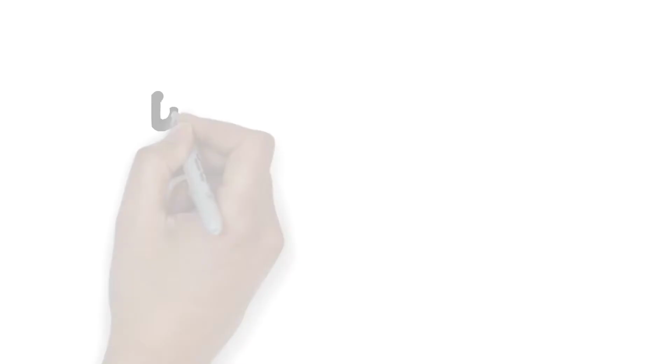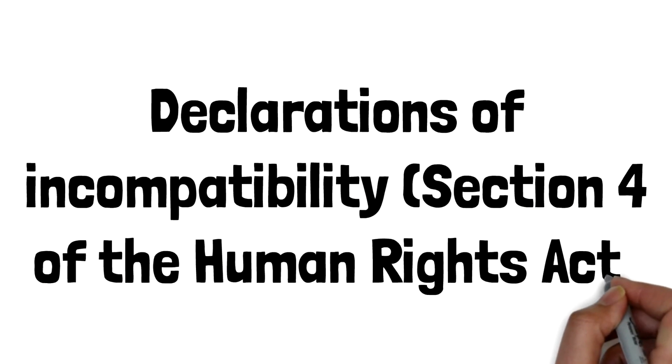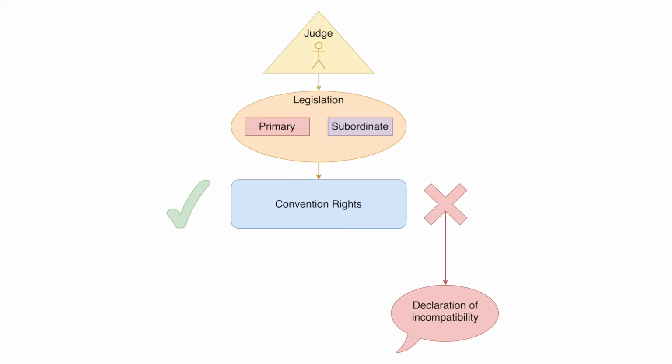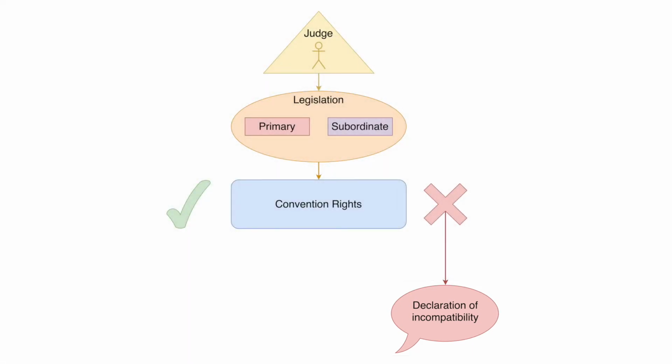Now I'll have a look at declarations of incompatibility under Section 4 of the Human Rights Act. This section permits the courts to declare that legislation is incompatible with a convention right. This declaration of incompatibility is made if the courts decide in any case that it is impossible to interpret an Act of Parliament in a way which is compatible with the Convention.